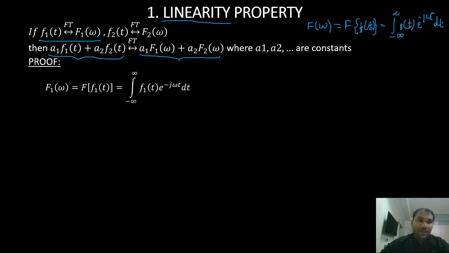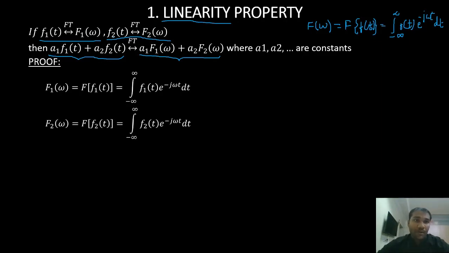I'm just representing this pair in the equation form. Similarly, the second pair also I will represent in equation form. F2 of omega is equal to Fourier transform of f2 of t, that is equal to integral minus infinity to infinity f2 of t e power minus j omega t dt, right?